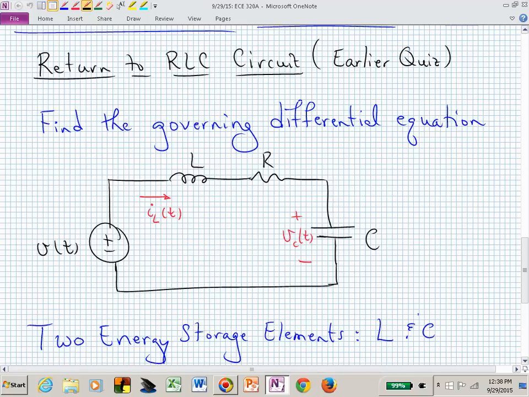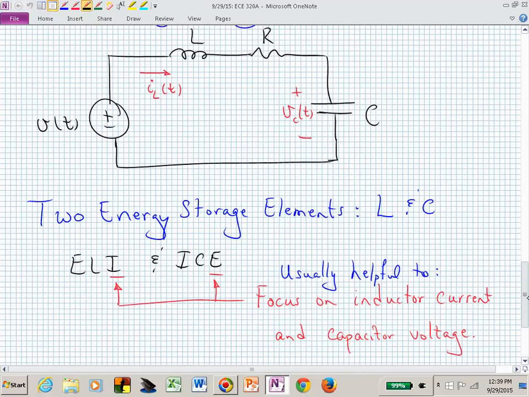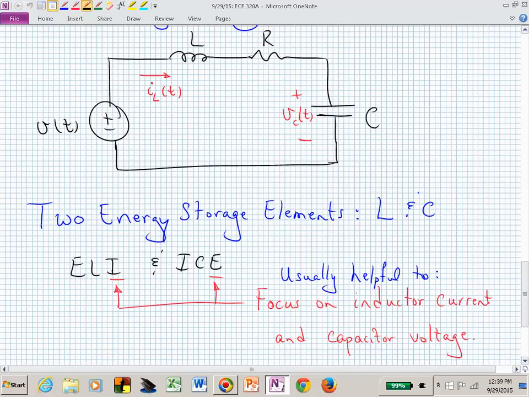I've indicated in red the variables that it's usually nice to focus on, or think about writing our equations in terms of: the inductor current and the capacitor voltage. If you are looking at ELI and ICE, those are the last variable in ELI and ICE.